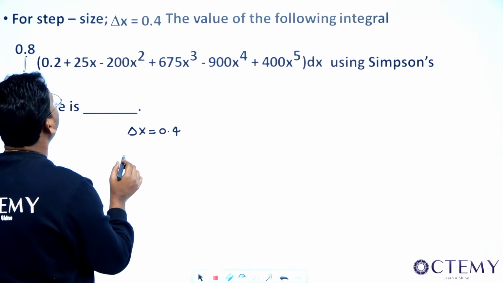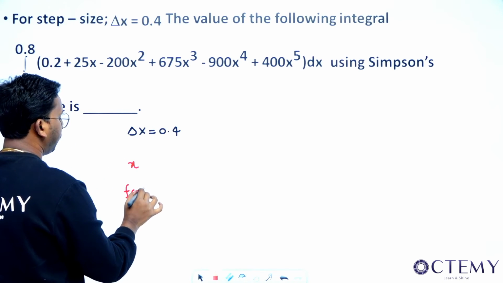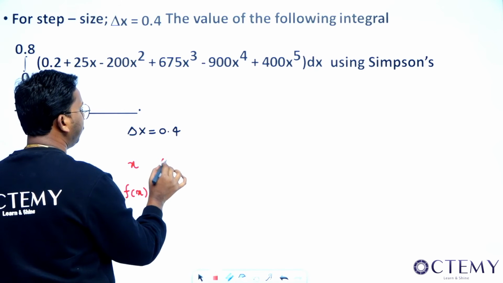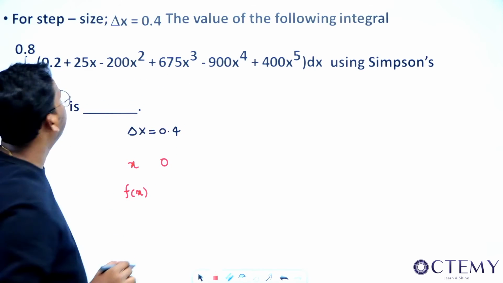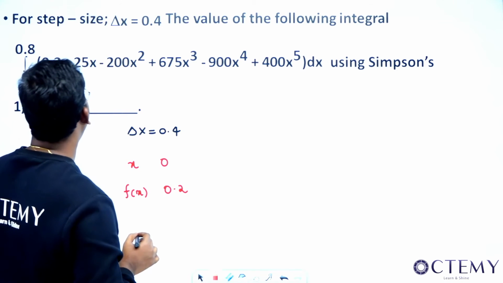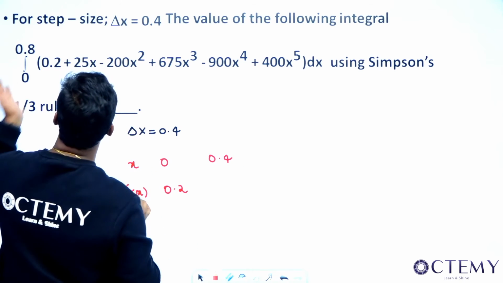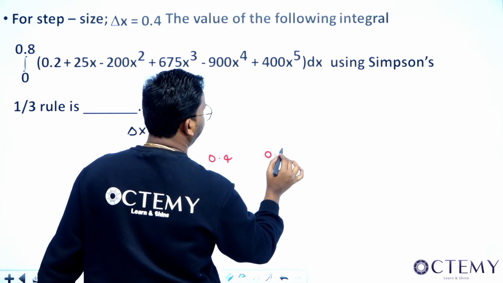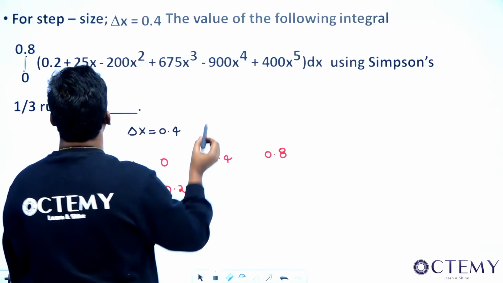See, if your x and f of x, your x naught can be 0, then if you put 0 in this, what are you going to get? You are going to get 0.2, right? And the next step is 0.4. And the step after that is 0.4 plus 0.4, 0.8. So if we put 0.4, see sir, what will you get?